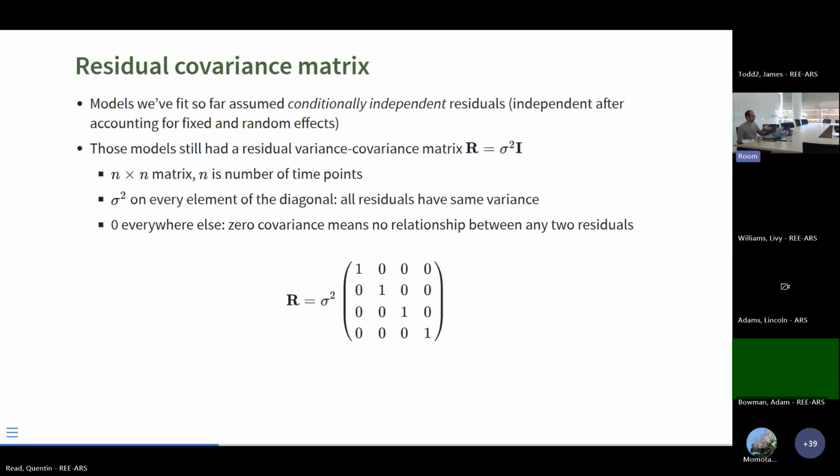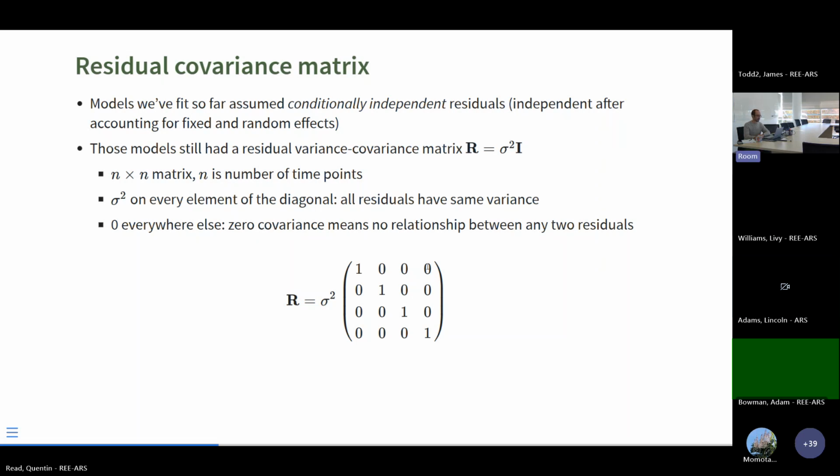Independent means they are random with respect to each other, and conditionally means after we've accounted for everything we can in the model, all the fixed and random effects, they're independent. But every stat model still has a residual variance and covariance matrix in it. All these linear models have one. It's called R.